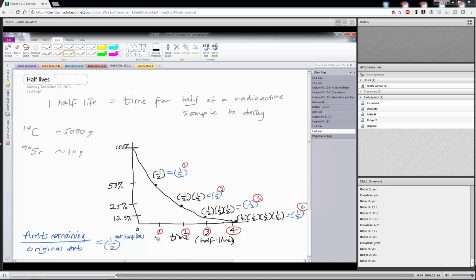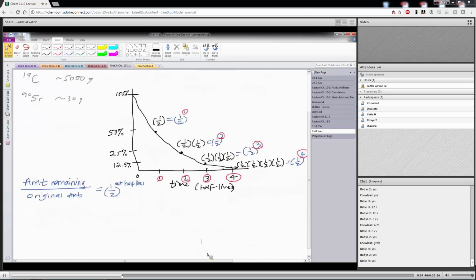Everybody follow me there? Maybe if we apply it, it'll be a little bit clearer. But that's exactly what this is saying: if 1/2 remains, that's 1/2 raised to the number of half-lives, which is 1.